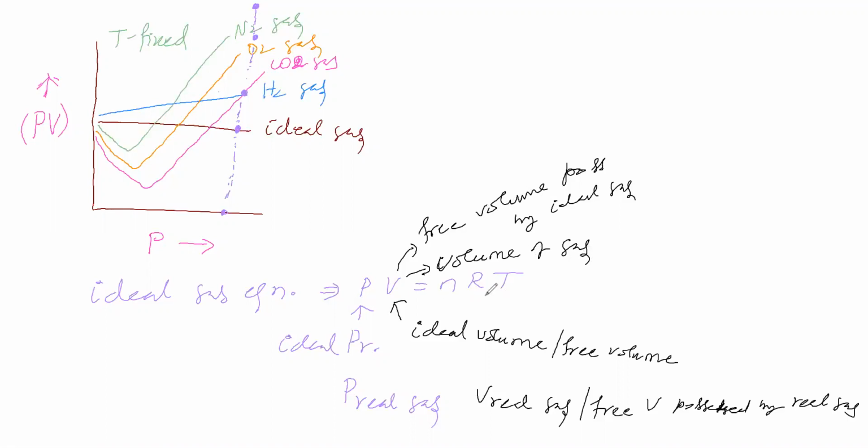In the ideal gas equation PV = nRT, V is called the free volume. Why? Because the volume occupied by gas molecules is negligible.